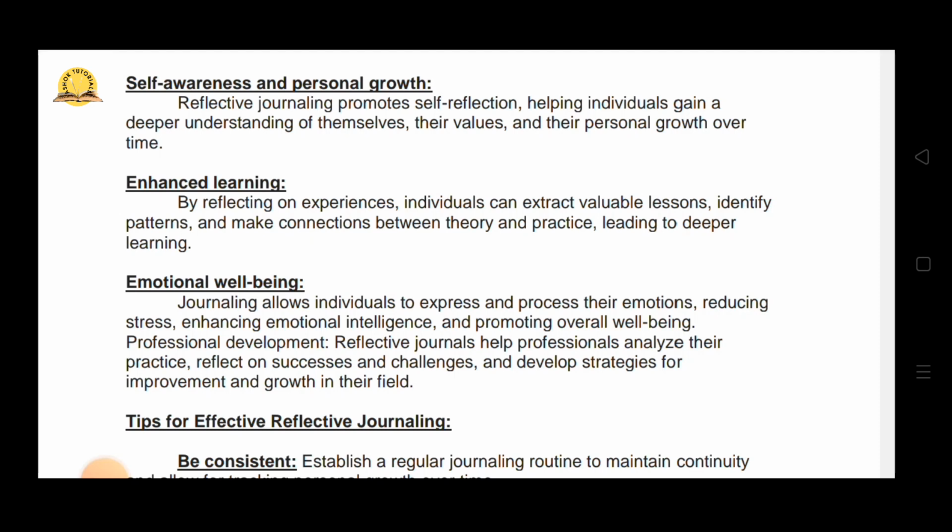Of course, other subjects hardly have any practicals, but especially science, maths also, and even social science may have certain practicals. So the teachers can make an effort to involve the children while teaching any particular concept.